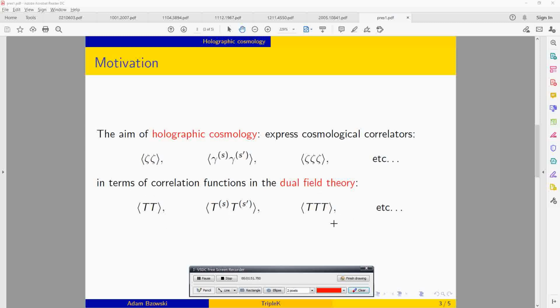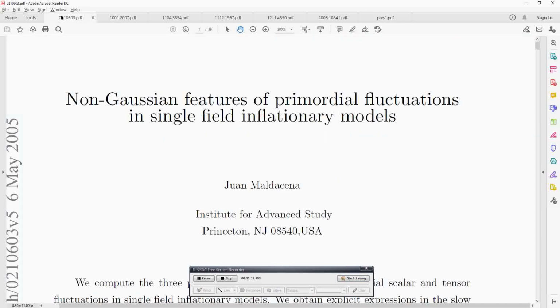And if we are talking about the real universe, then these are correlation functions of the stress tensor in a three-dimensional quantum field theory.